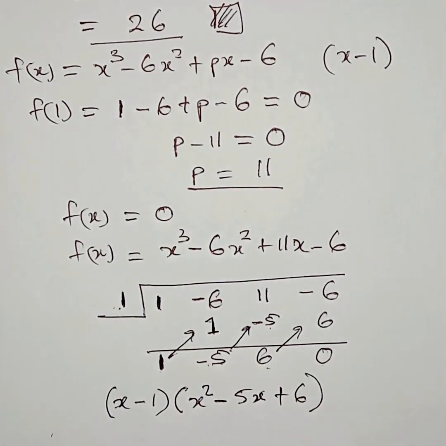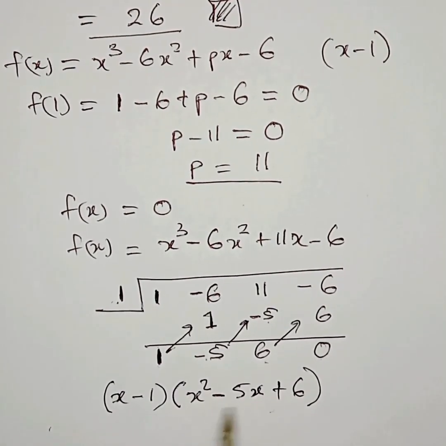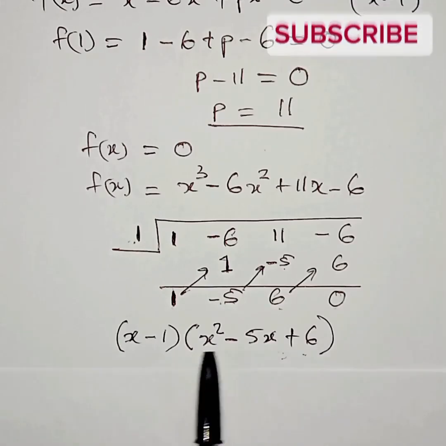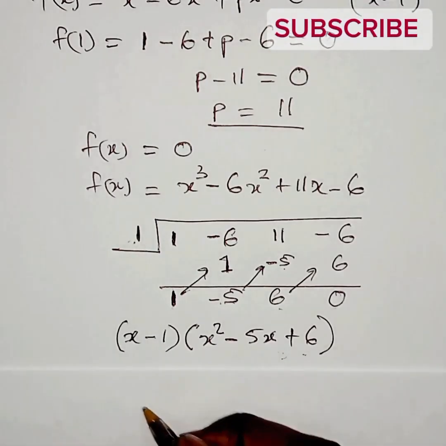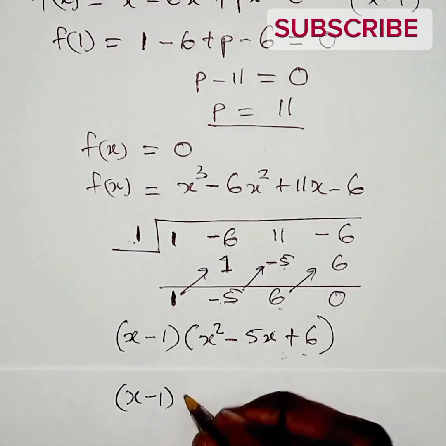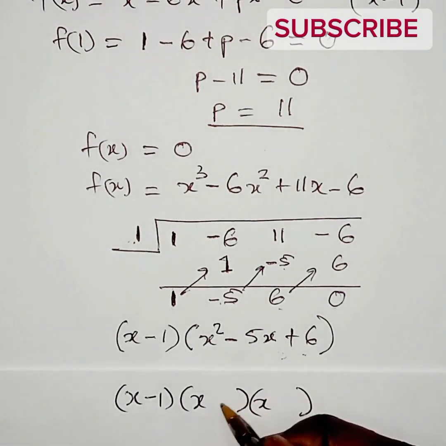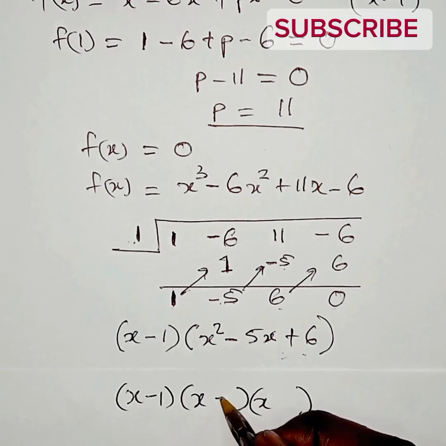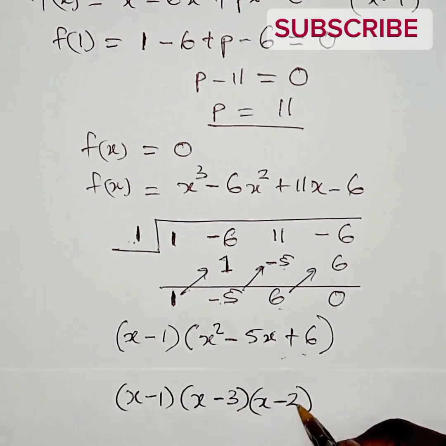All right. So you are going to factorize this other part, x squared minus 5x plus 6. Now, to factorize this part, we are going to use the method of inspection. So we can just rewrite that to say x minus 1, and you have x there and x on that other side. Then the factors are minus 3 and minus 2.